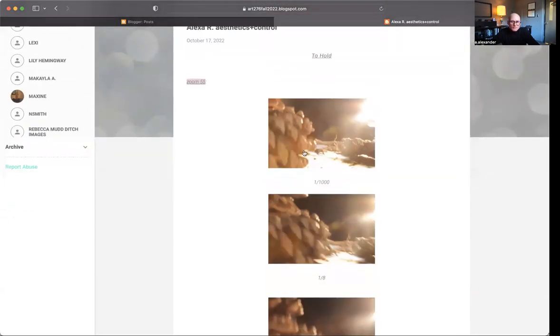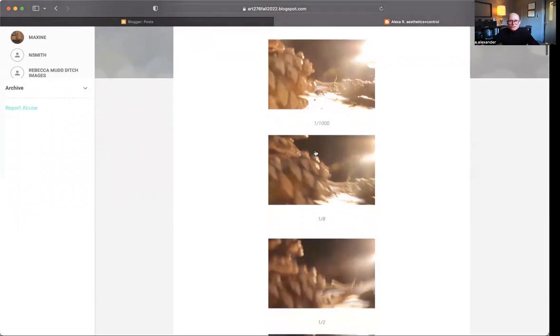Now, with these first few, what we're really trying to look at is the visual consequence of choosing a shutter speed. Shutter speed is basically the amount of time you're allowing the sensor to be exposed. While the shutter is open, light is pouring through, and that light is reflecting off of the objects.